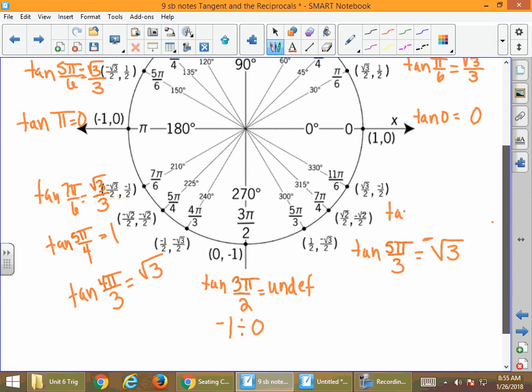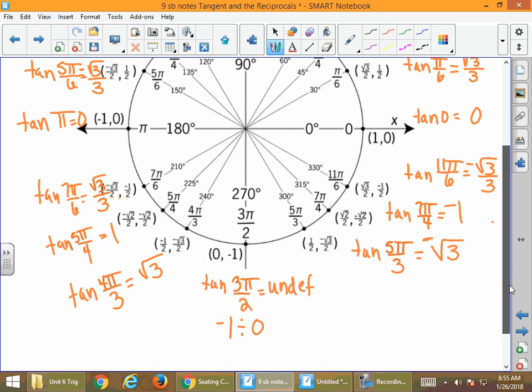And tangent of 7 pi over 4 is 1, except that we're in the fourth quadrant. Tangent's negative. And tangent of 11 pi over 6 is going to be the square root of 3 over 3, except that we're in the fourth quadrant, and in the fourth quadrant, tangent is negative.